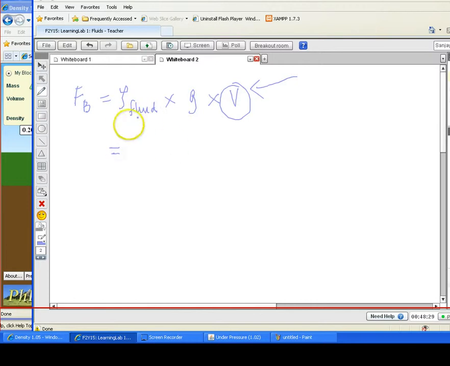So now the maximum buoyancy force is the density of liquid, which is 1 kilogram per liter, multiplied by 10, multiplied by the volume, which we said was 5 liters. And therefore we end up getting 50 newtons as the maximum force of buoyancy. Do you agree with this?